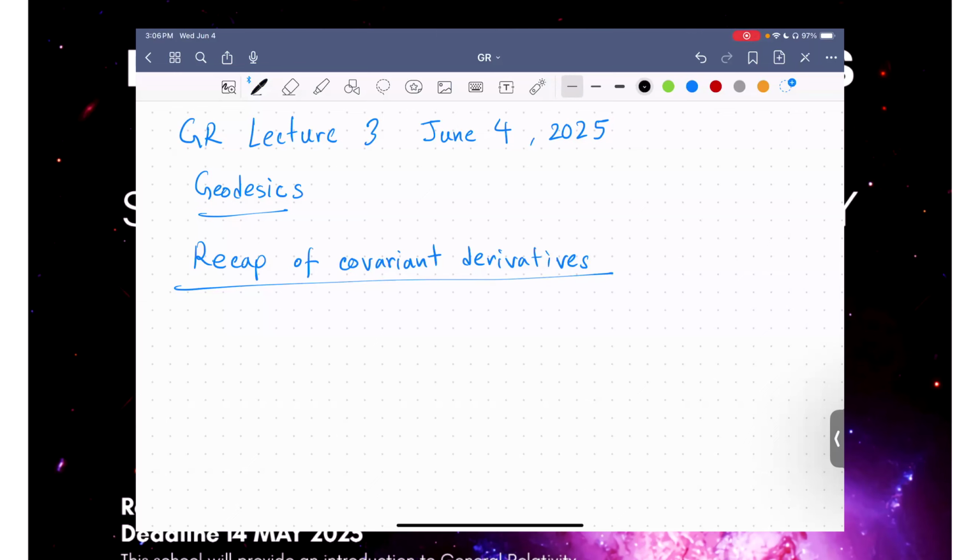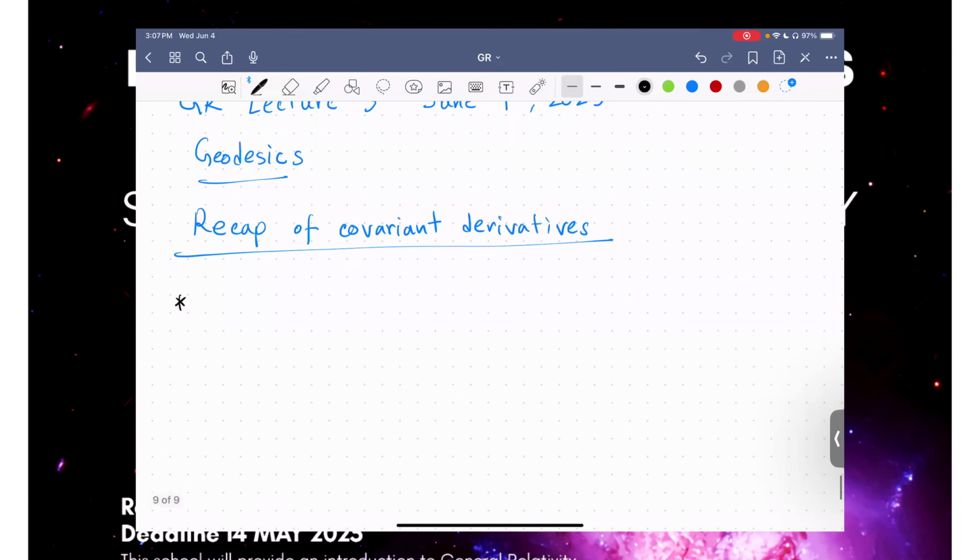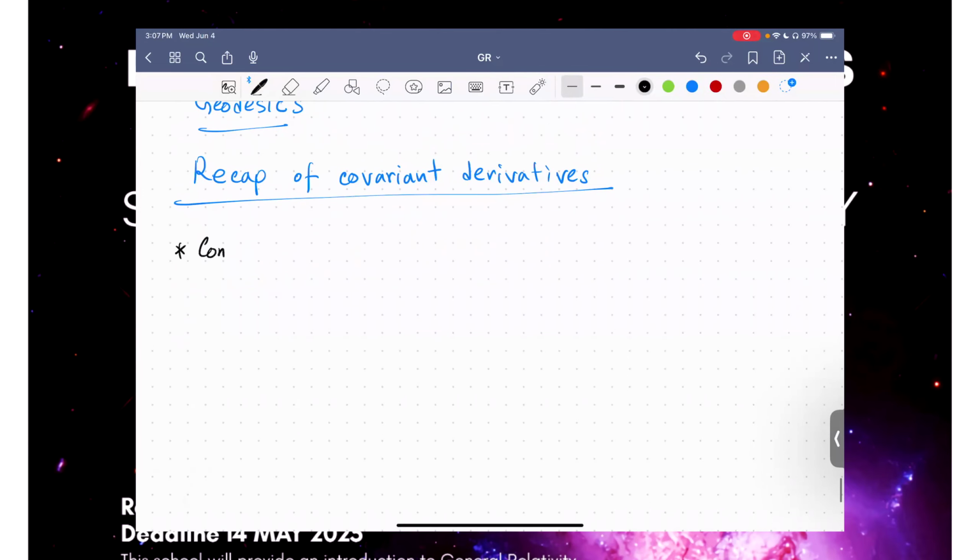So what did we learn? First of all, we convinced ourselves that GR should describe the time evolution of space.